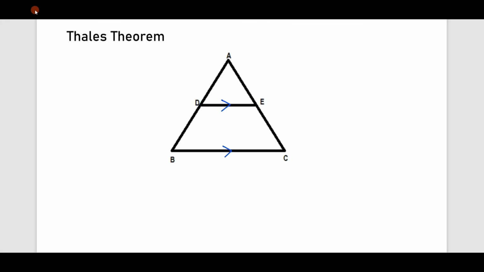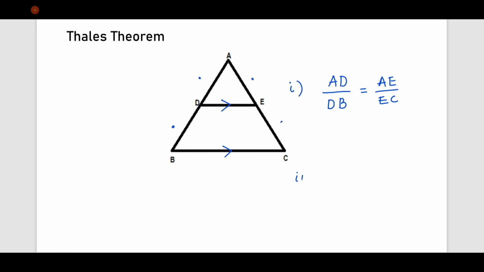Here the line DE is drawn parallel to BC, that means it divides the sides in the same ratio, that is AD by DB equals what? AE by EC. This is the theorem. AD by DB equals AE by EC.